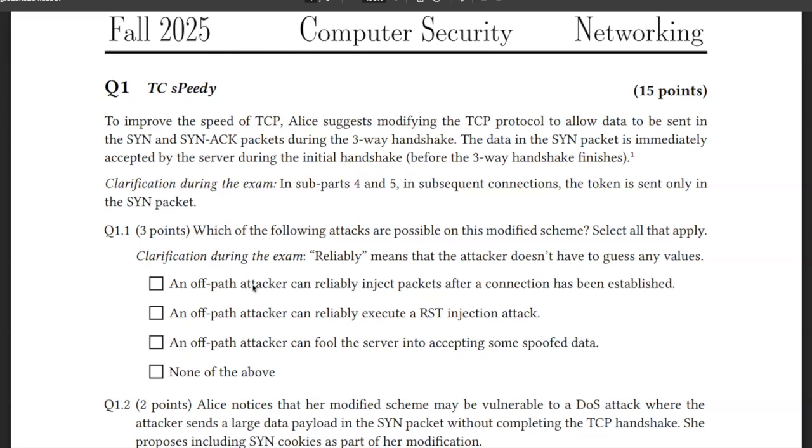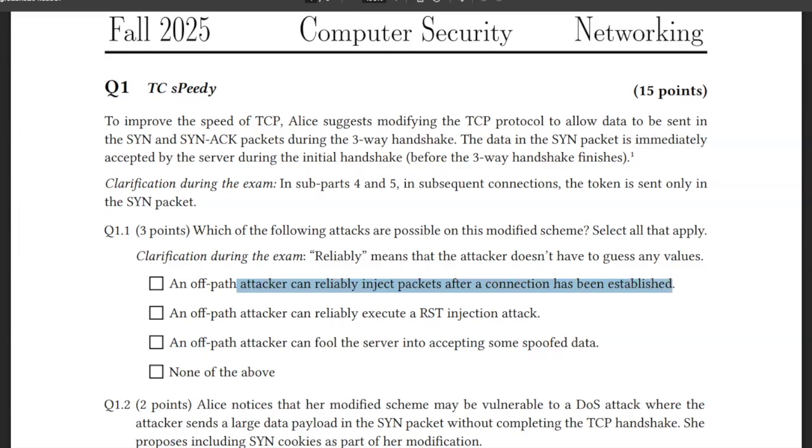So for example, this just says the attacker can reliably inject packets after the connection has been established, right? This just says, okay, now that we have data in the SYN, we can just break the handshake, right? But that's just not true, because after the handshake is complete, they've already exchanged their sequence numbers and whatnot.